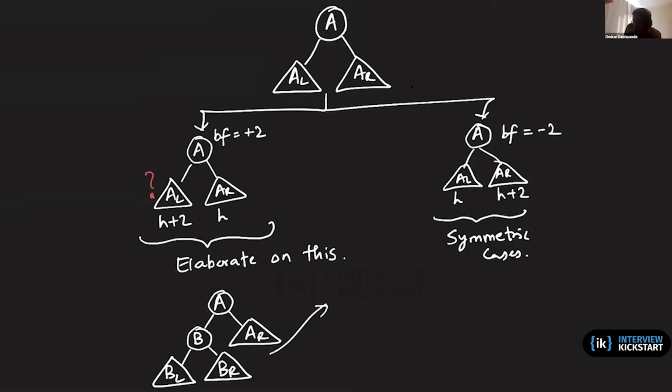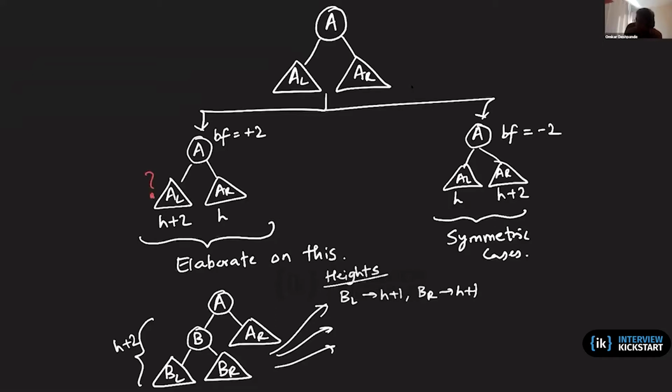So there are three possibilities as far as the heights are concerned. So this total height is h+2. The three possibilities are: the height of B sub L is h+1 and B sub R is h+1, both have the same height of h+1.